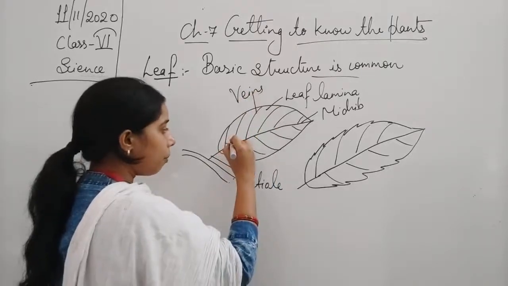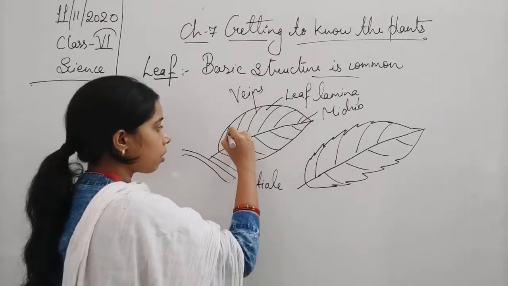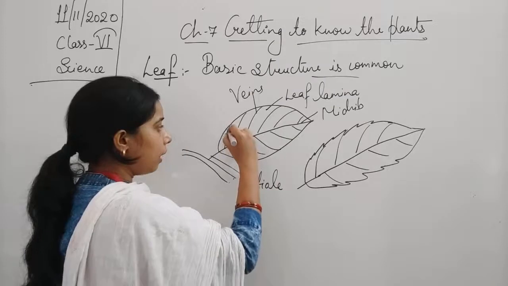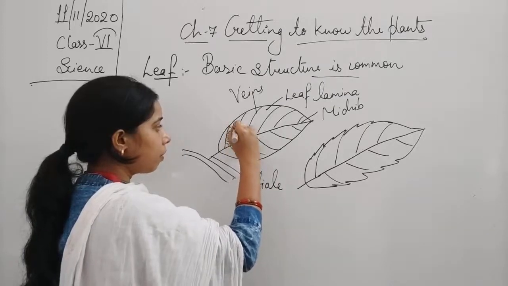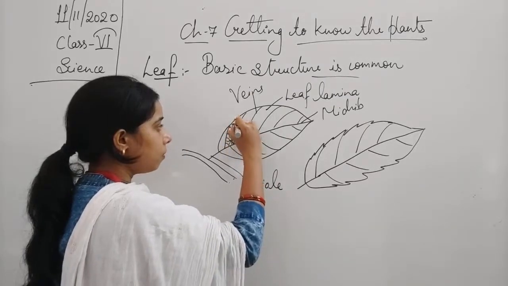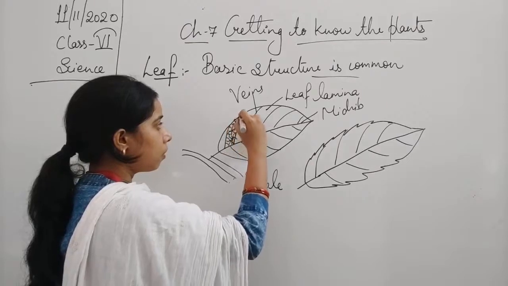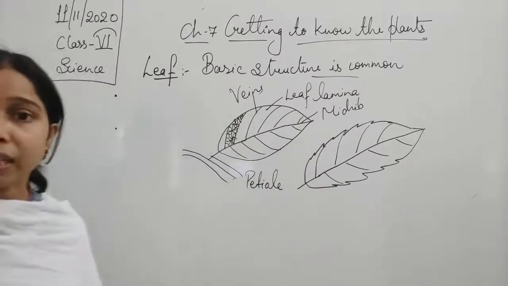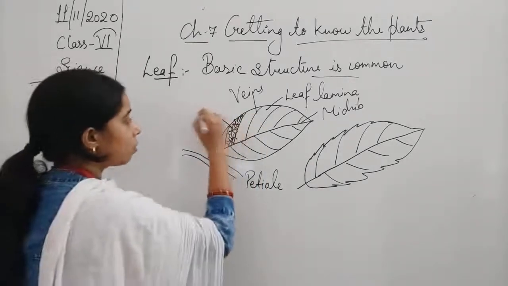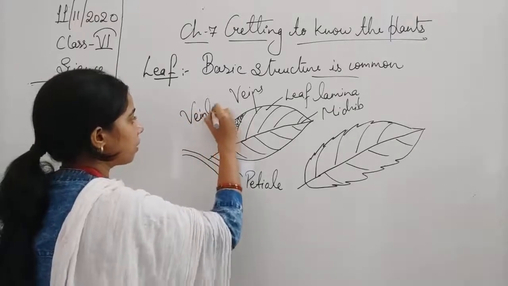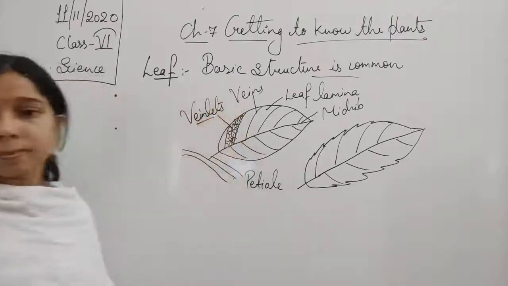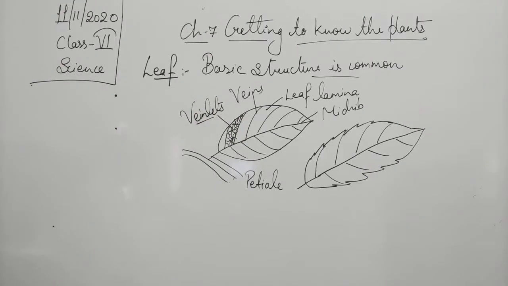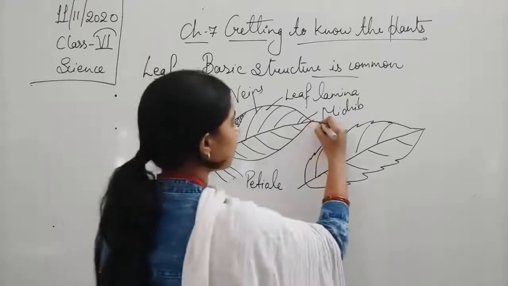In between them also, students, the structure is such that they cut each other, and those are known as veinlets. So one is a vein, one is a veinlet.